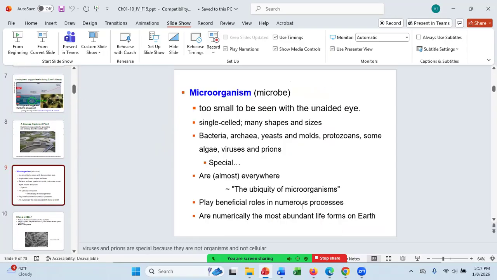We'll talk about some of the other important roles they play on the planet in just a little bit. Microorganisms are numerically the most abundant life forms on planet Earth. Even if you're only talking about bacteria and archaea, they are the most abundant life forms or cells on the planet Earth.